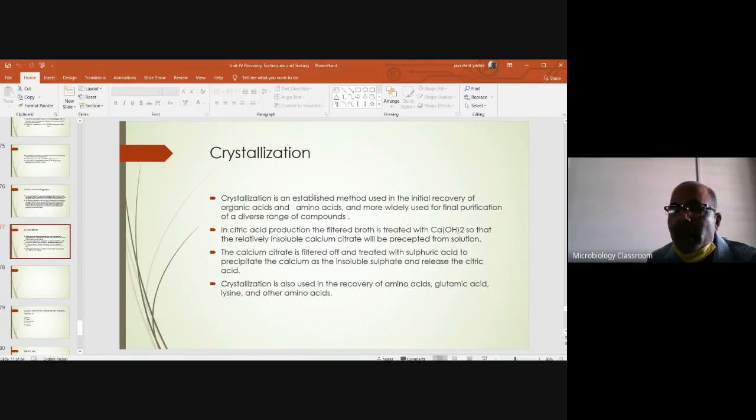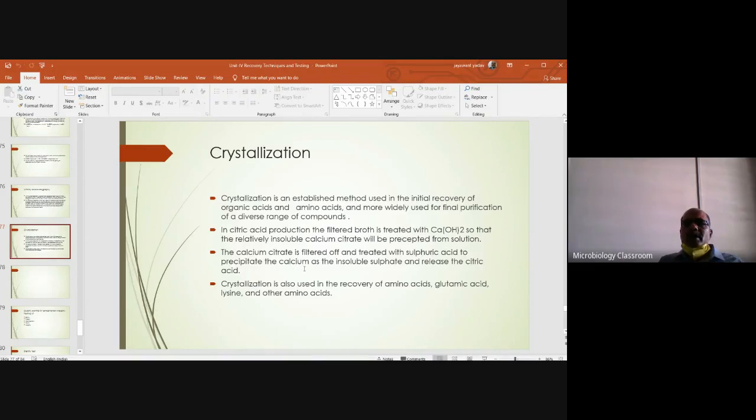Crystallization is an established method which is used in the initial recovery of organic acids and amino acids, and it is more widely used in the final purification of a diverse range of compounds. For example, in citric acid production, the filtered broth is treated with calcium hydroxide so that the relatively insoluble calcium citrate is precipitated from the solution.